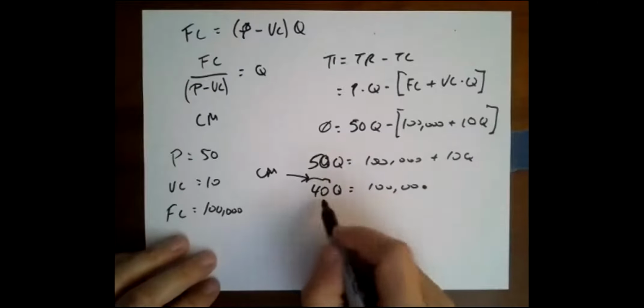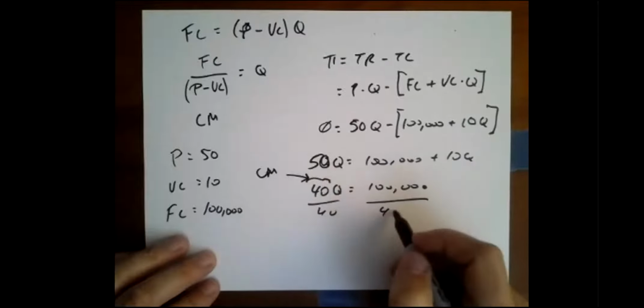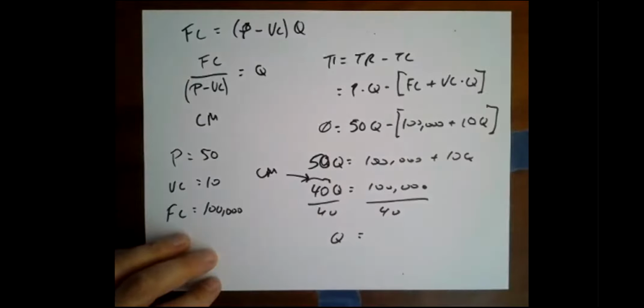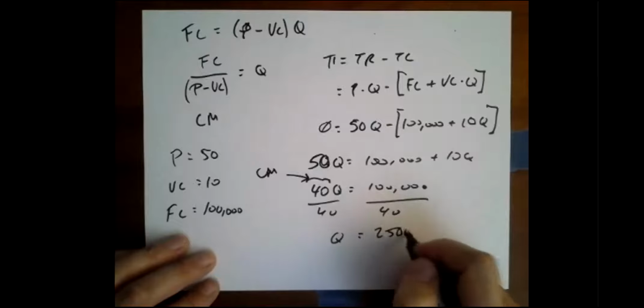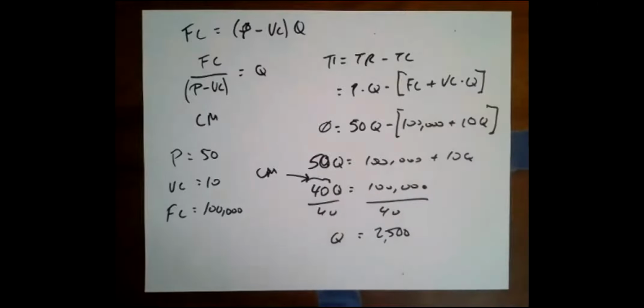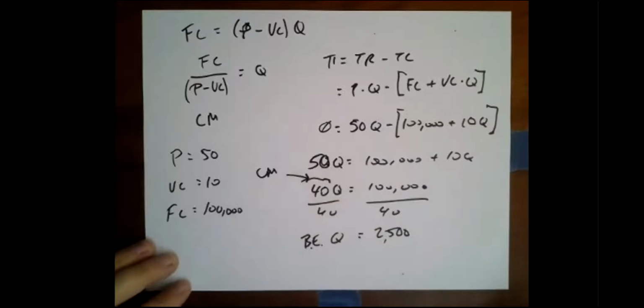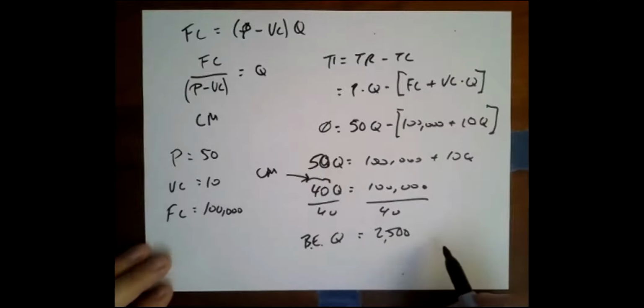So I can divide through by 40, and I get Q is equal to 2,500. So for our lab, the break-even quantity is equal to 2,500.